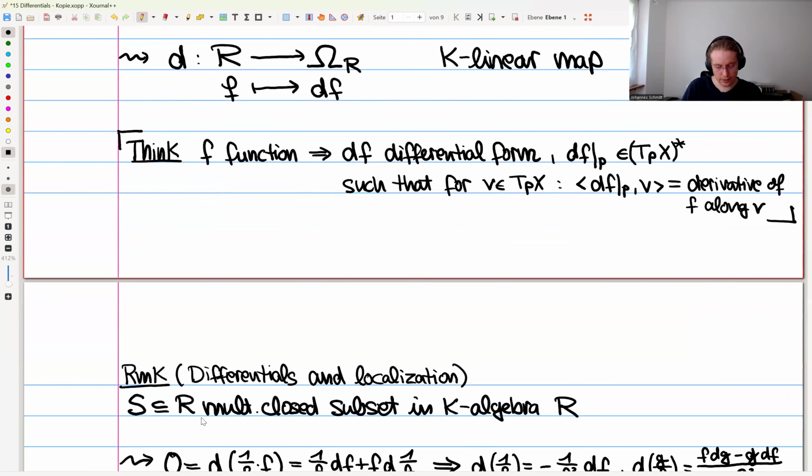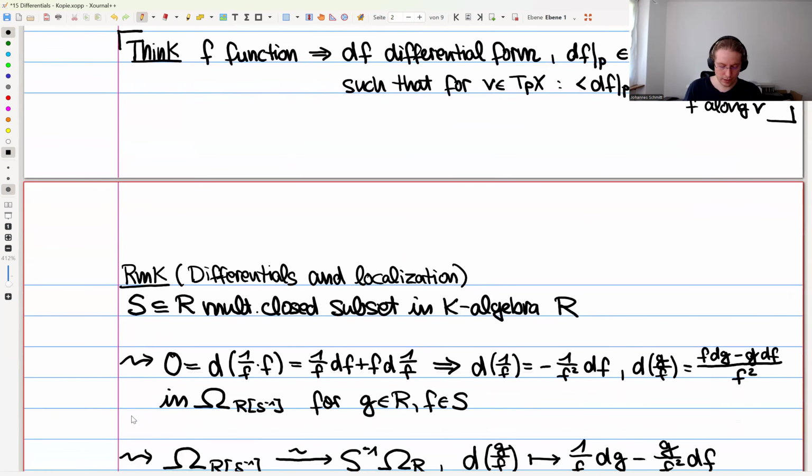So if S in R is a multiplicatively closed subset, then we know we can localize at the subset. And so in the localization, we will then have elements of the form some element of R divided by some element of S. And then when we take this module of differentials, of scalar differentials, then we will get some symbols like D of G divided by F. And so we should understand what these things are.